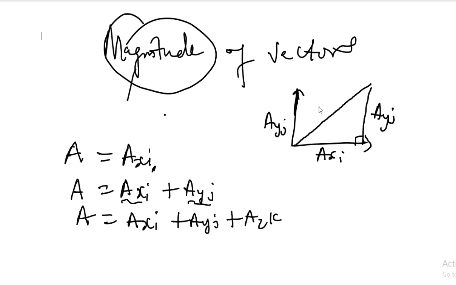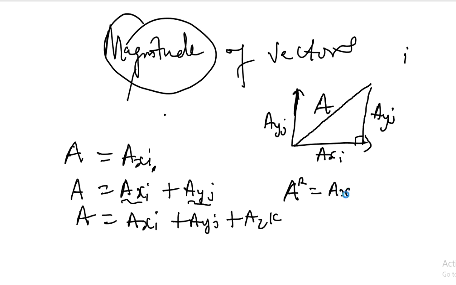So we can find the magnitude of this vector, and we can get that using Pythagoras rule. We have that the hypotenuse squared equals the sum of the squares of the two other sides. We could bring in the concept of dot products, but let's not go there now.